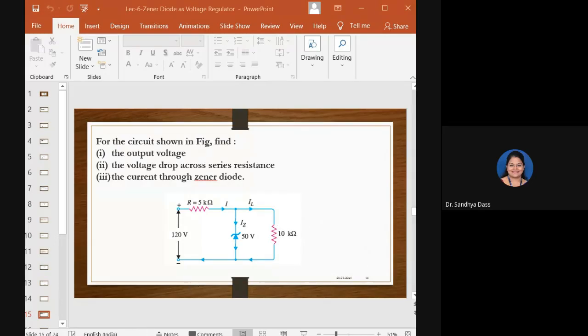Ma'am, the load current is 5 milliamps. One minute. Load current is? Please wait, Ashmija. Let me know whether others are following or not. I'm not getting any answers here. Ma'am, so the output voltage will be 50 volts. Who is this? Ashwija, I asked you to keep quiet for a while.